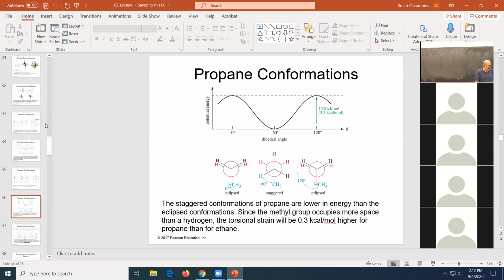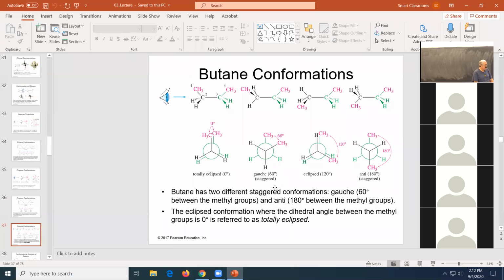Okay, we talked about conformations. They're not necessarily considered isomers, but they're different forms that are the result of free rotation about a single bond. Okay, here we have eclipsed, and in the middle we have staggered for ethane. This is propane, sorry. And then butane, we have a couple more.